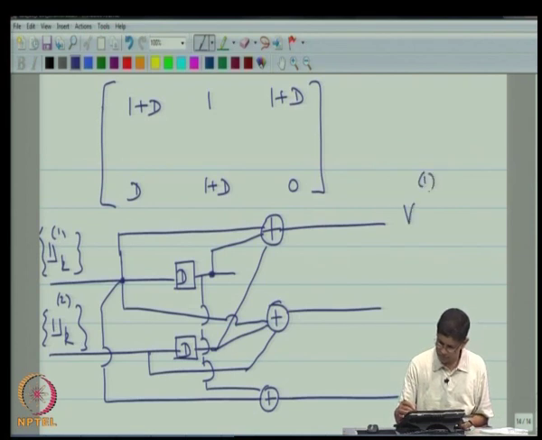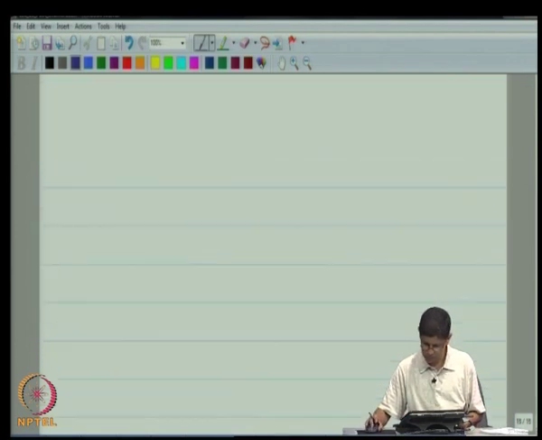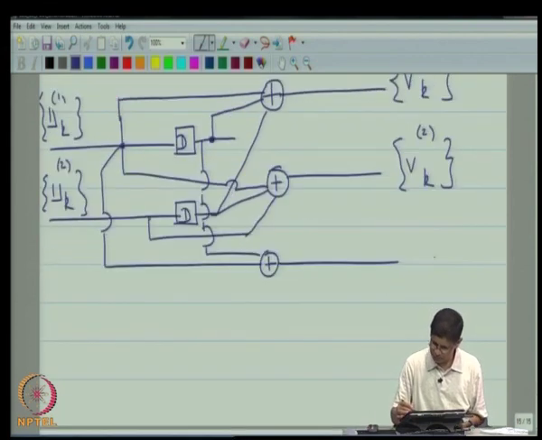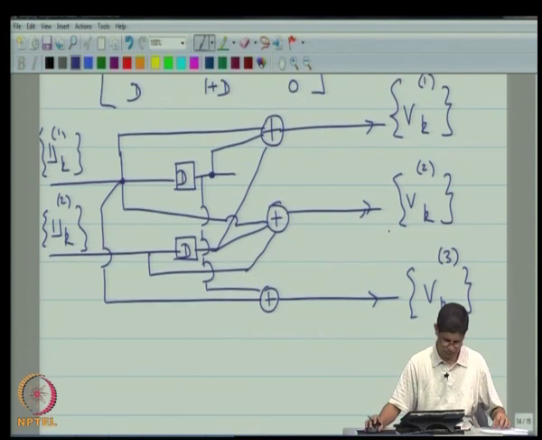So, this is V1 of k, this is V2 of k, and this is V3 of k. So, 2 inputs, 3 outputs.